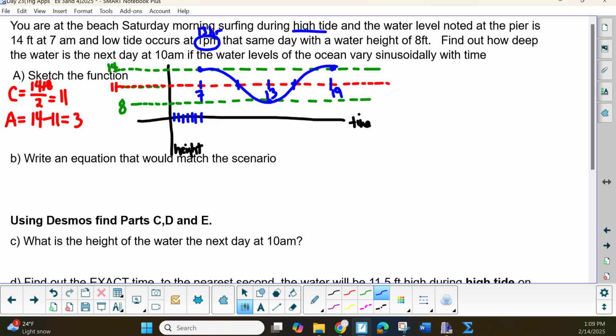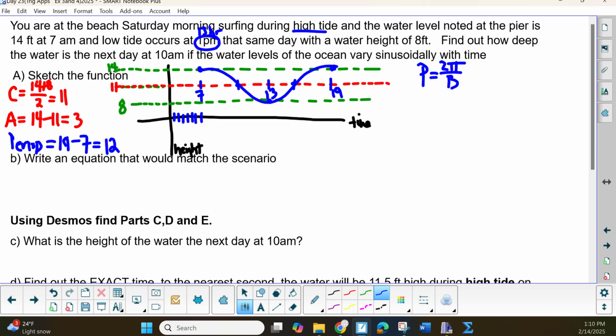Now I know my period, the length, is going to be 19 minus 7. So 19 minus 7 is going to give us a period length of 12. Since I know that, period is going to equal 2 pi over my B value.